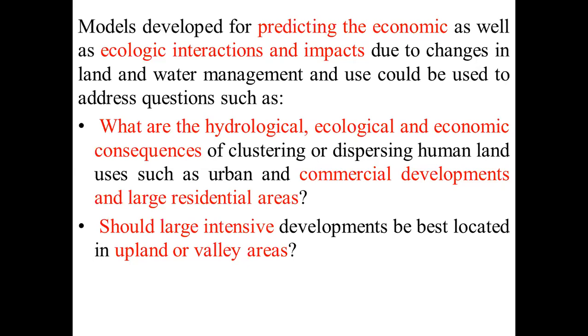Now there is a series of questions here. If you're maintaining land and water, what are the hydrological, ecological, and economical consequences? Hydrological, then the ecology system, and economic at the same time. All these parameters matter because humans are interfering.